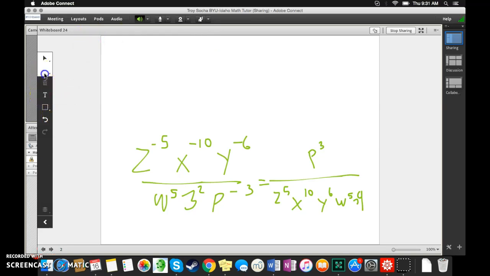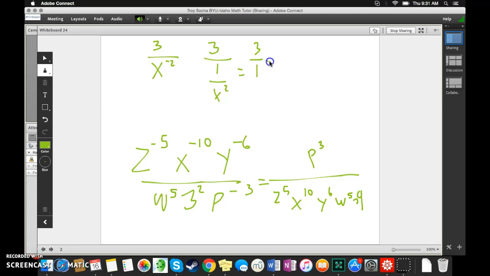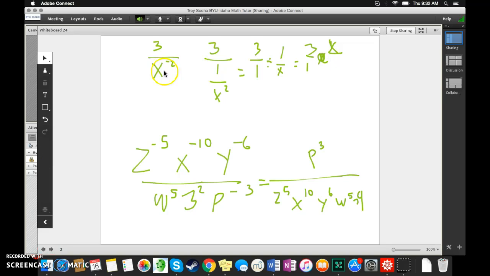If we have 3 on top of x to the negative 2, that becomes 3 over 1 over x squared, which is equal to 3 over 1 divided by 1 over x squared, which is the same as 3 over 1 times x squared over 1. And when we multiply across, it produces a 3x.